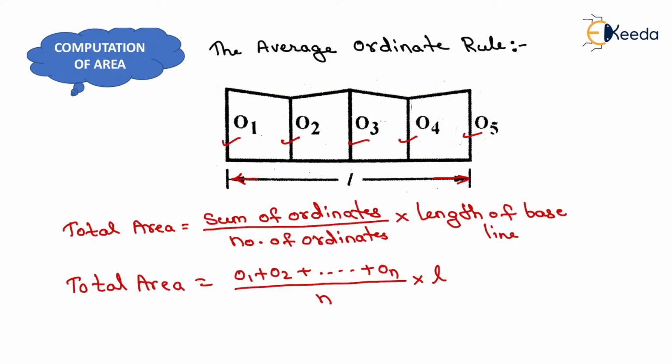So it will be equals to O1 plus O2 up till On divided by the number of ordinate, that is n into L. Now according to our figure, the total sum of ordinate will be equals to O1 plus O2 plus O3 plus O4 plus O5 divided by the number of ordinate, that is 5 into L, that is the complete length of baseline. This is the average ordinate rule for the computation of area.